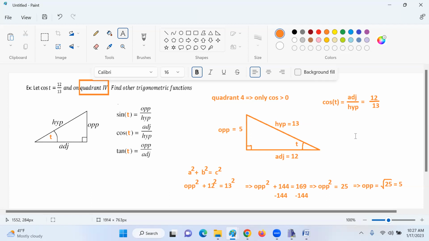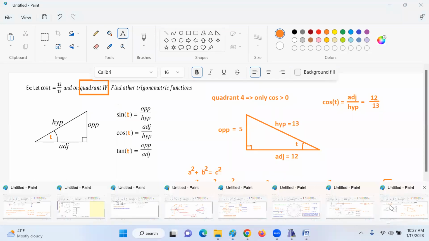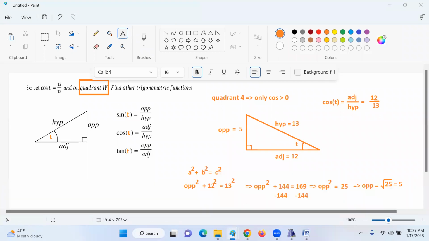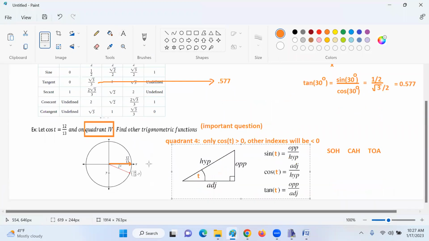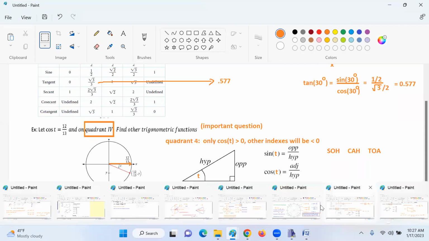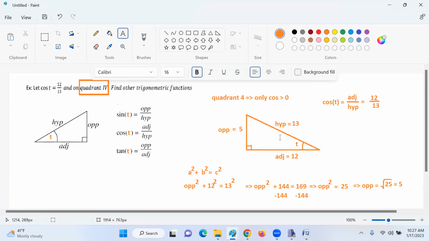Now, using this perspective, because this one is so important. A lot of you might be asking, does that have anything to do with the question that we solved? Why is the cosine 12 over 13, and how can we figure out the other side length? It's definitely not going to be drawn to scale on the picture that we found, but it doesn't matter.